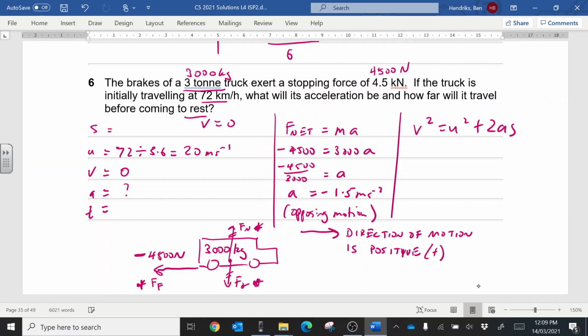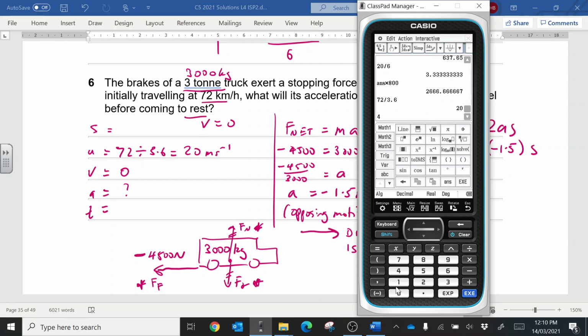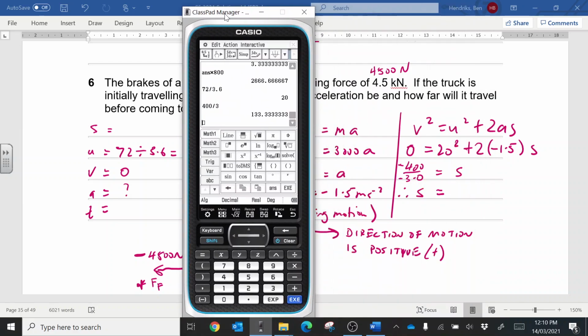That means V squared becomes 0 equals 20 squared plus 2 times negative 1.5 times S. Let's subtract, well, 20 squared is equal to 400, so we're going to have negative 400 here. 2 times negative 1.5 is negative 3, so negative 400 divided by negative 3 is equal to S. Therefore, S is equal to 400 divided by 3, which is 133 metres to 3 significant figures.